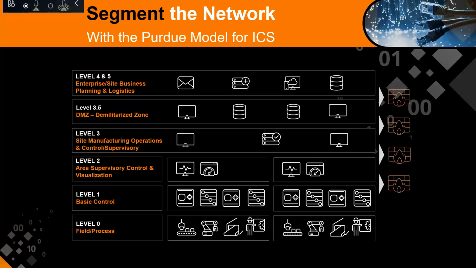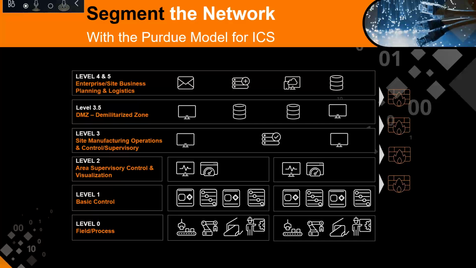And level 2 houses supervisory control and visualization systems, in other words, SCADA systems. And on level 3, there will typically be equipment like HMIs, historian database, or a MES system. And then let's jump to level 4 and above. And this is the enterprise IT domain, office automation and things like that.